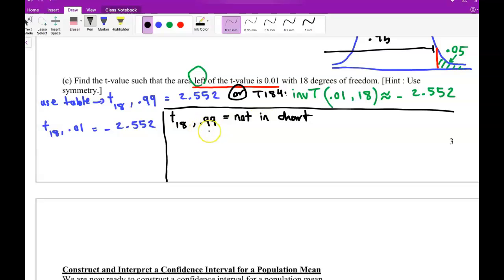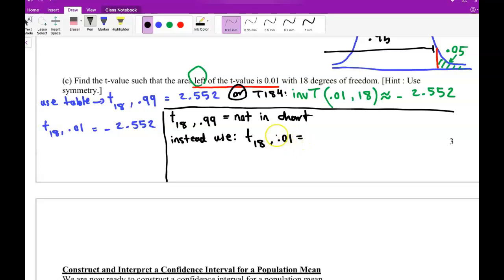And how I got this 0.99 is 1 minus 1%. So 1 minus 1% is equal to 99%. So instead of that, use 18, 1%.